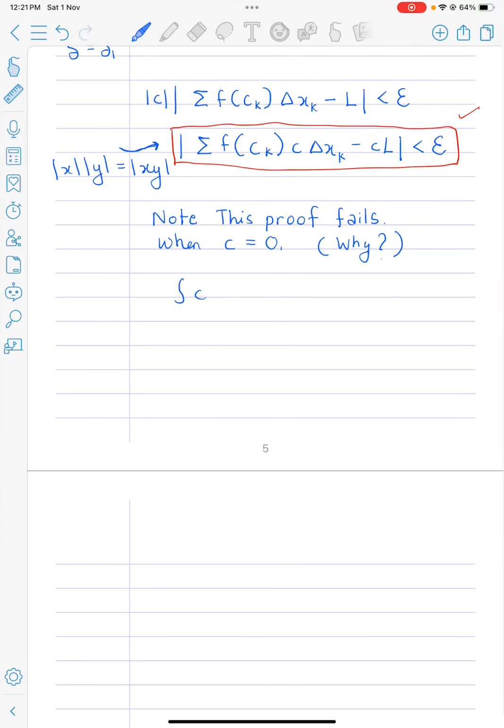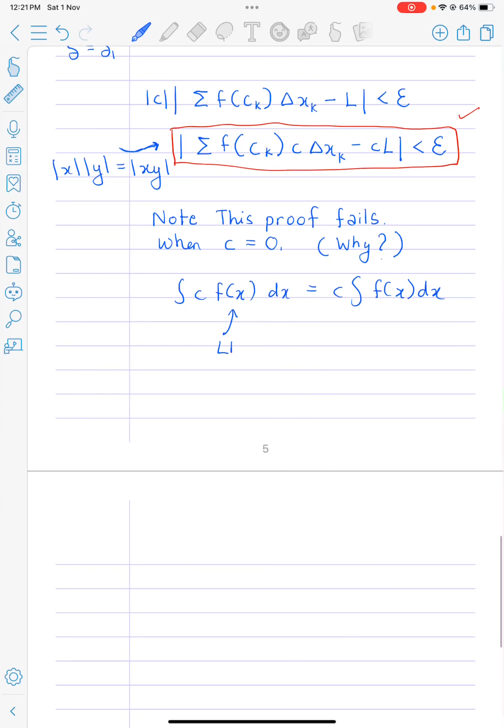See, I want to prove integration of c f(x) dx is equal to c times integration of f(x) dx. This one is the left hand side, this one is the right hand side, let's say. So the right hand side, obviously you will see 0 times integration of a to b f(x) dx is equal to 0, right?